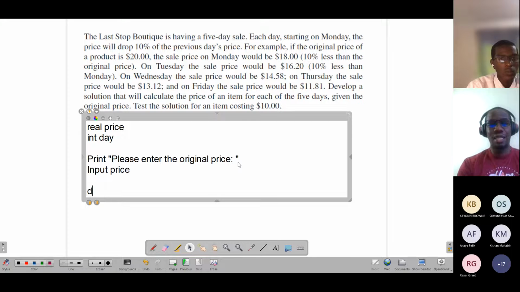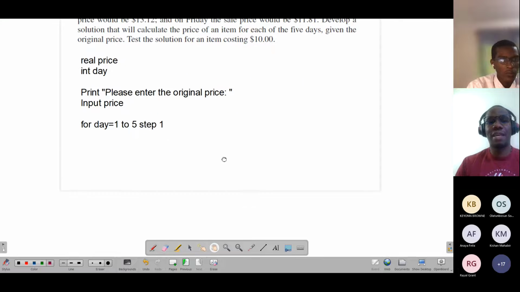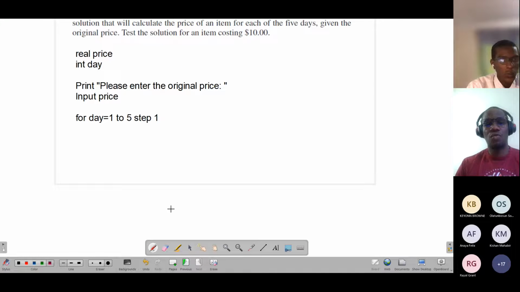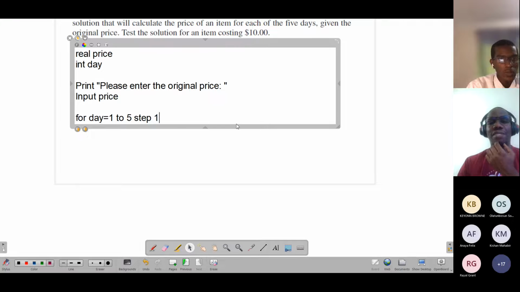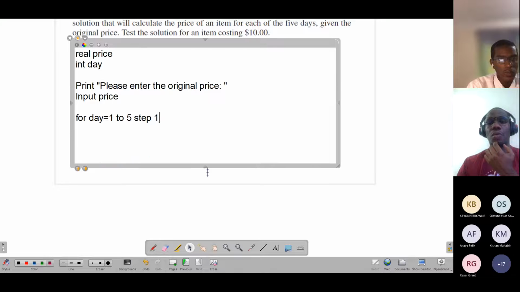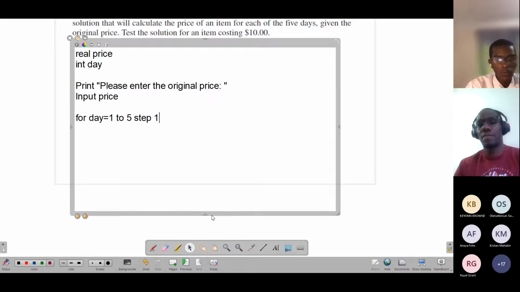And day acts as our counter. So we say for day is equal to 1 to 5, step 1. So what do we have here so far? We have the original price being entered inside of price, and we say for day is equal to 1 to 5, step 1. What do we want to do on each day?